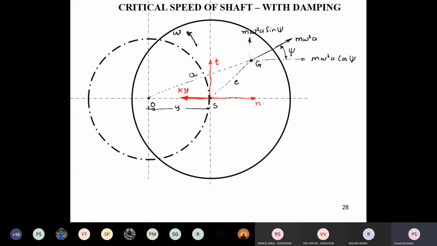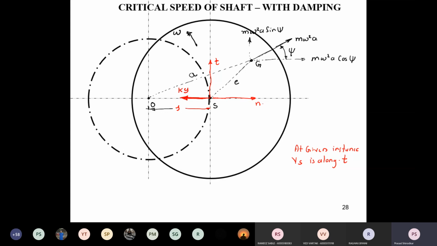At this given instance, the velocity of S is along the coordinate axis t, along the tangential axis.